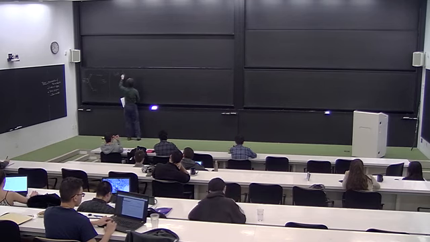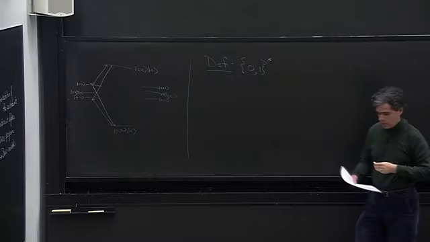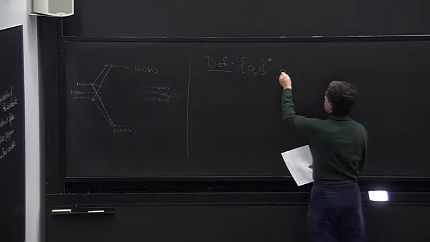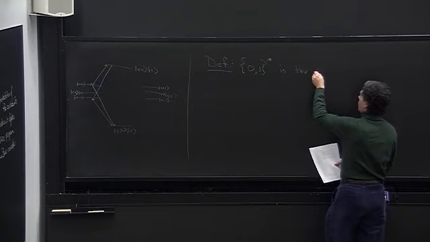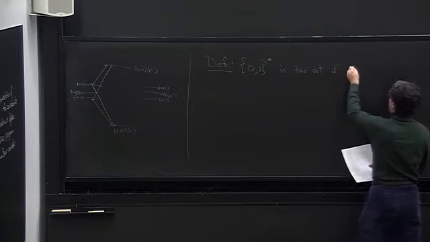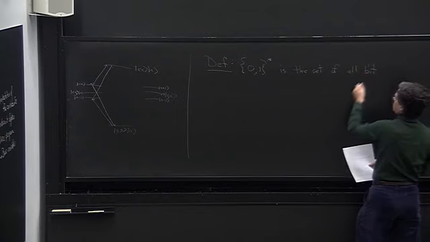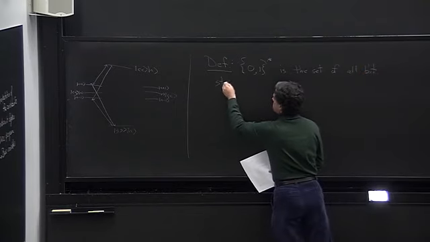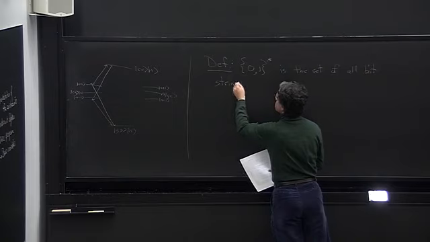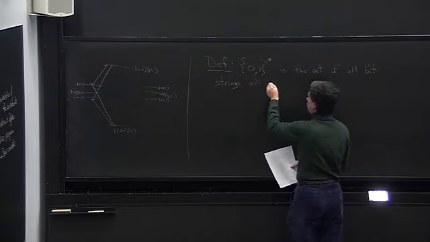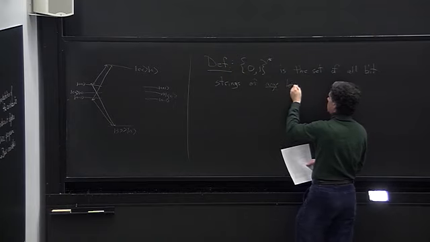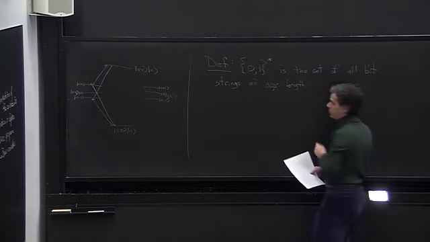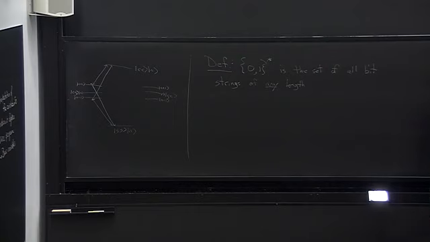So in order to set up the framework here, let me just define some notation. So we have the set {0,1}* is the set of all bit strings of any length. Finite bit strings. So we're talking zeros in that set.